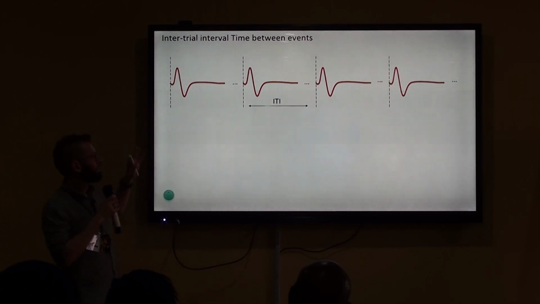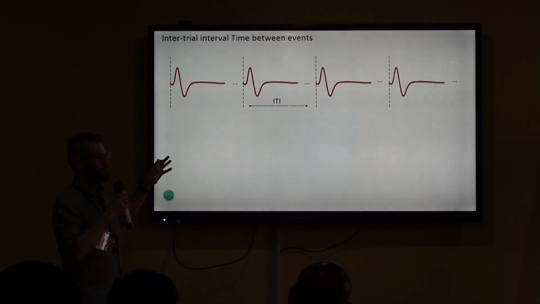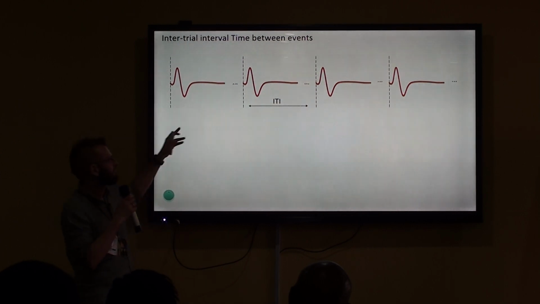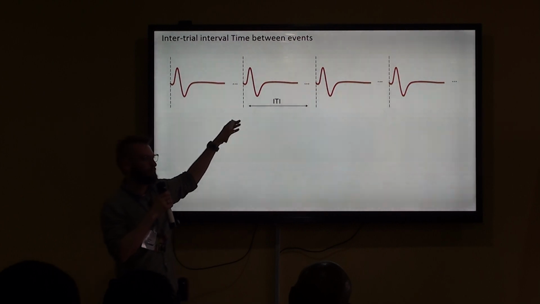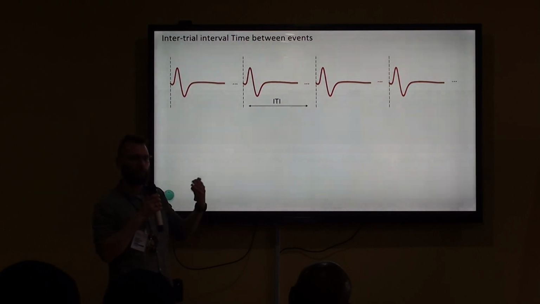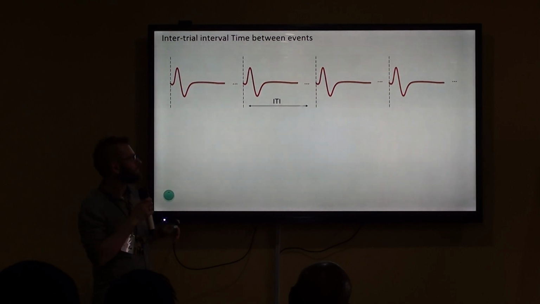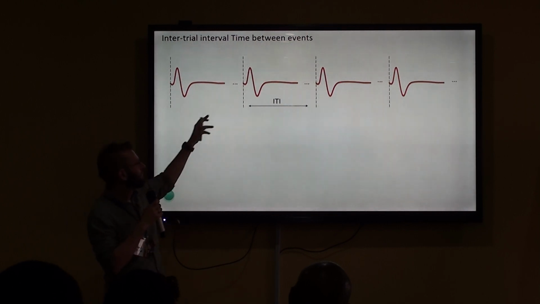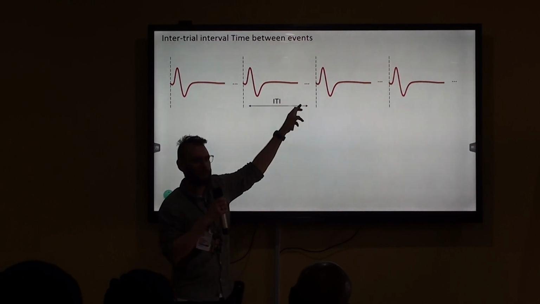To decide what would be a good intertrial interval, we have to think that whatever stimulus we give to the brain gives rise to some stimulus-related activity. And before we do the next stimulation, we want to make sure that the brain is going down to the baseline level. Which means, to illustrate here, that at least we should have some window here.